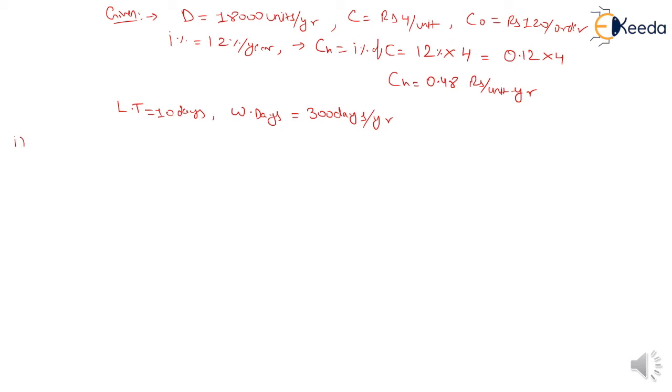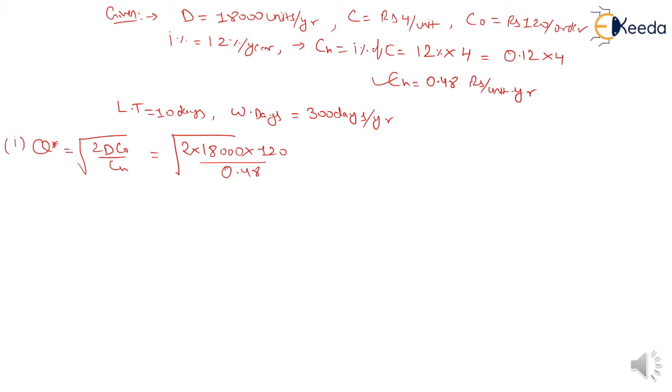First one, calculate the economic order quantity, Q star. In the previous session, we discussed Q star, and the formula of Q star is under root of 2 D C naught by CH. Here the D is given in the question, it is 18,000, and C naught, the ordering cost per order, is given as 120 rupees per order, and CH we easily calculated as 0.48.